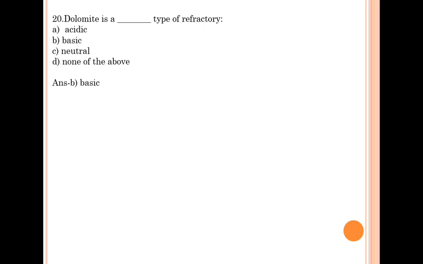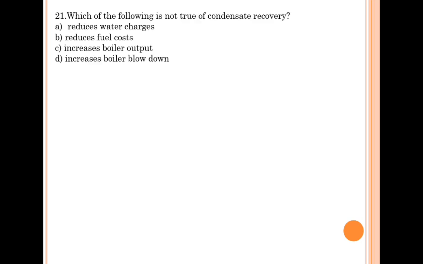If the refractory is neutral, then the compositions are chrome, pure alumina, etc. So here the answer should be B, basic type of refractory. Question number 21. Which of the following is not true of condensate recovery? It should be increase boiler blowdown. The answer should be option number D.